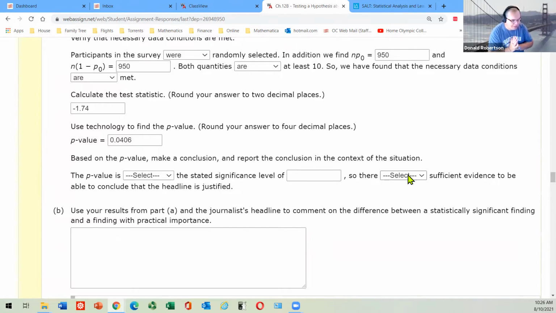So we're going to do it based on the p-value. Is this guy here less than the alpha, which is 0.05? So is 0.0406 less than 0.05? Do we agree? So how do we phrase that?